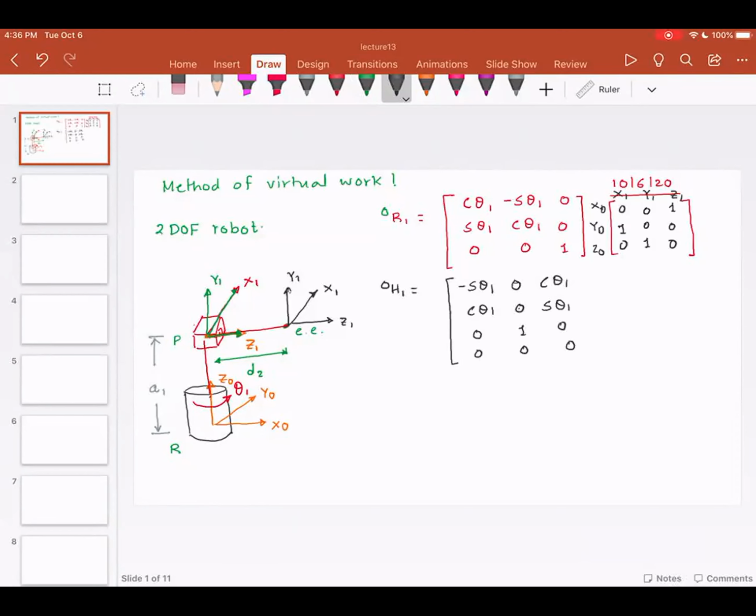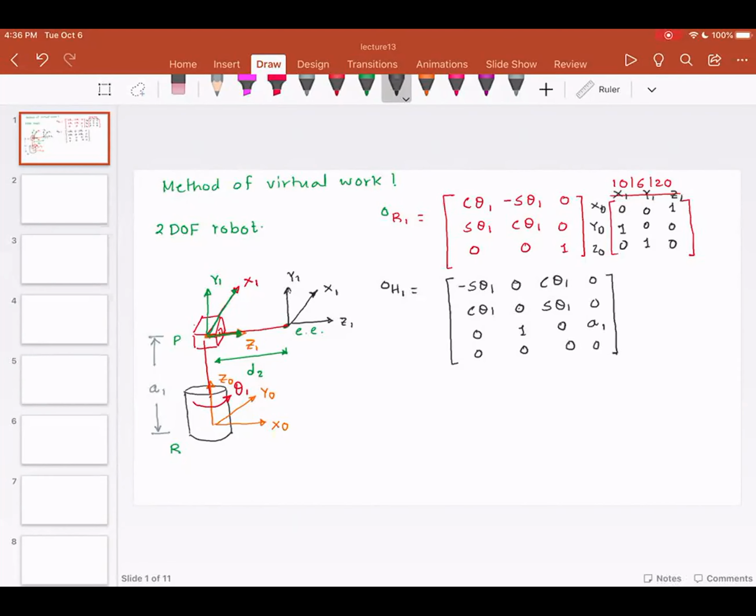And now px, py, and pz, the distances in x0, y0, and z0 direction. Distance in x0 is 0, distance in y0 is 0, distance in z0 is a1.